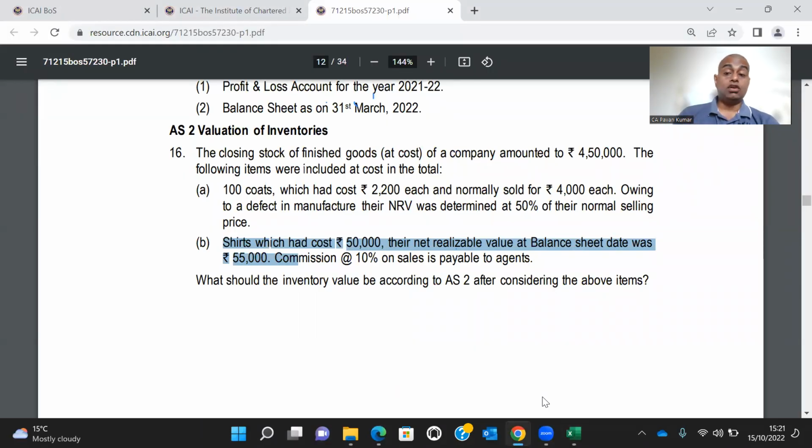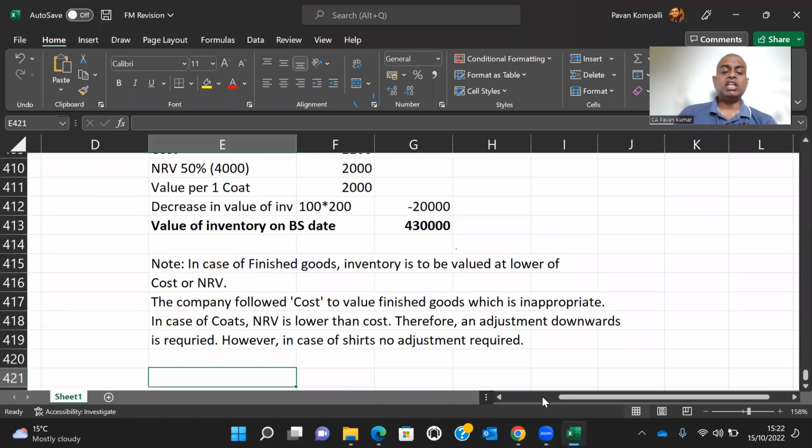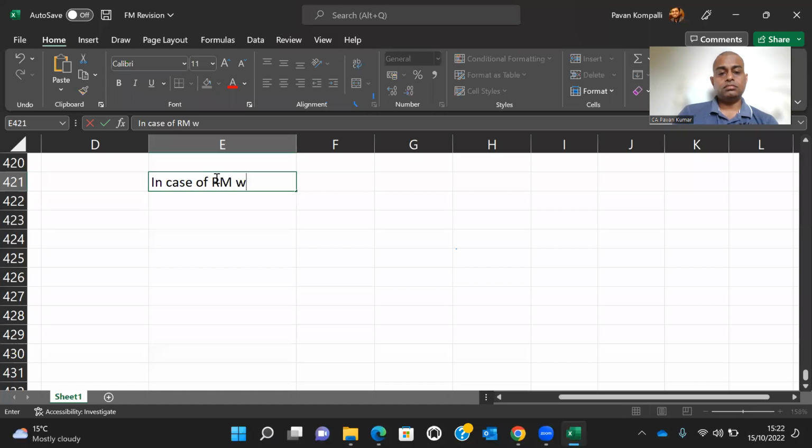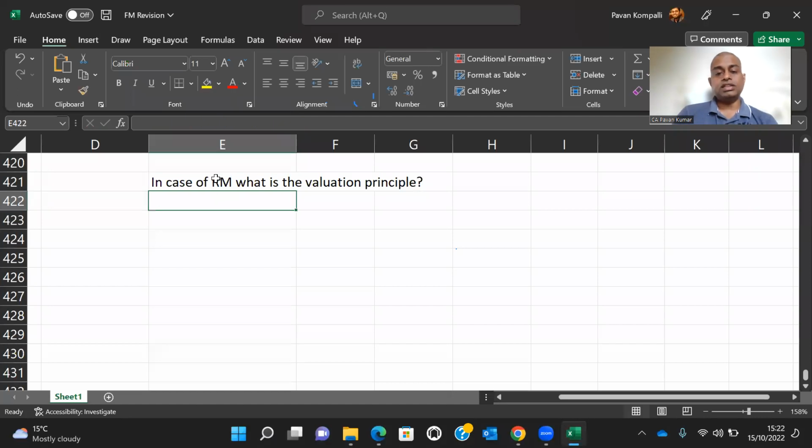I have a general knowledge doubt. Before we go to the next question, can you tell me what is the valuation principle of inventory in case of raw materials? Is it cost or NRV, whichever is lower?